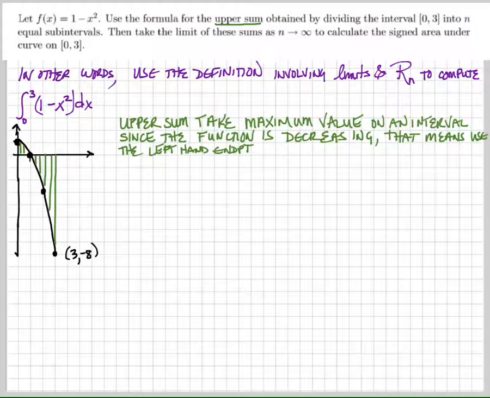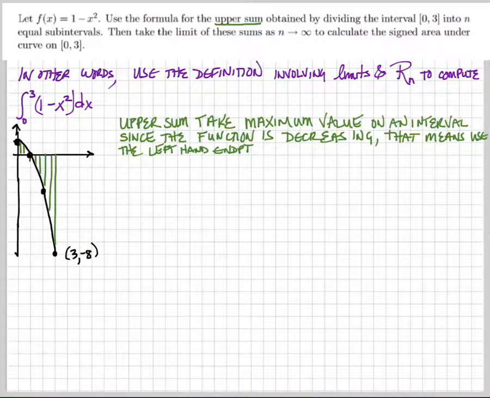Let's get a picture of what's going on here. Here's our function, 1 minus x squared, and based on the approximations we've done before, we expect our answer to be negative. That's good, right? And this particular problem asks for the upper sum. Now, we've been using left endpoints and right-hand endpoints.